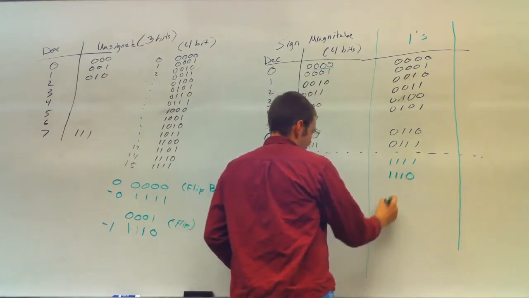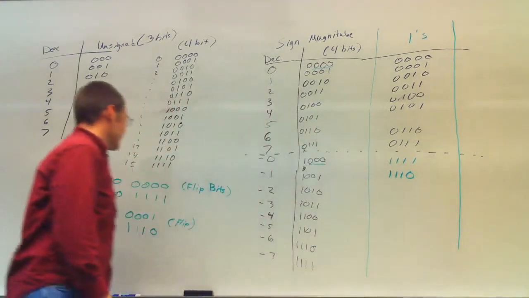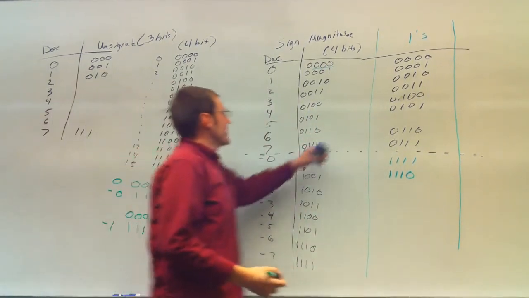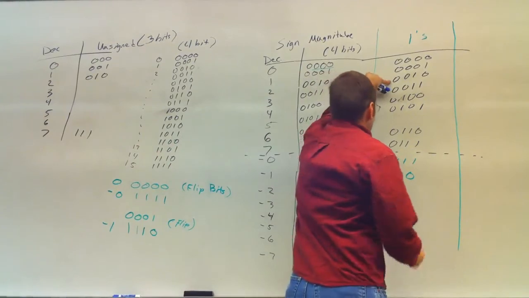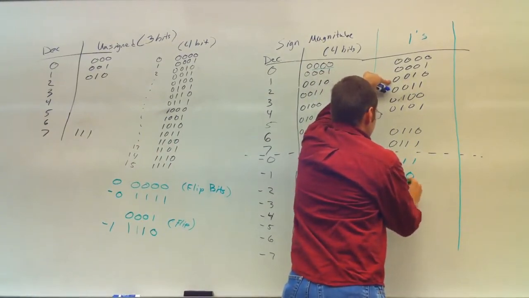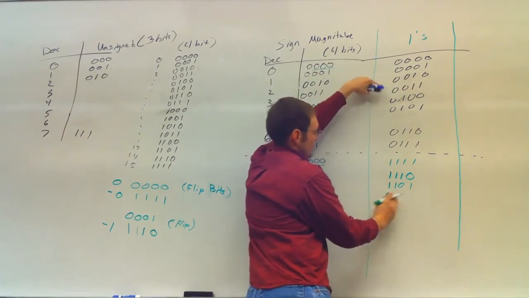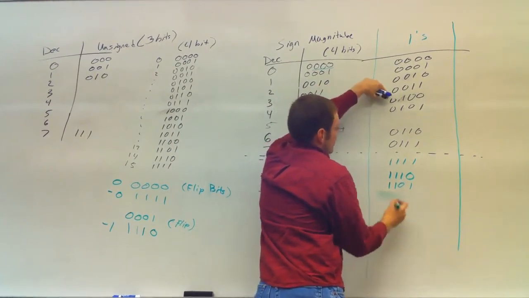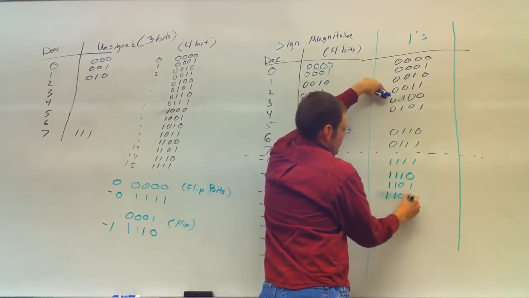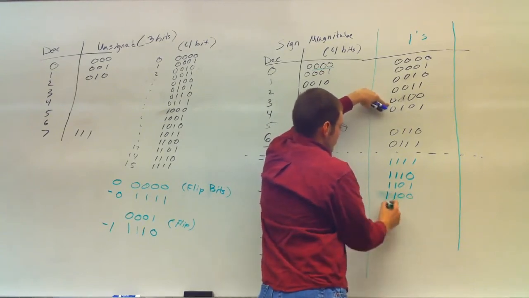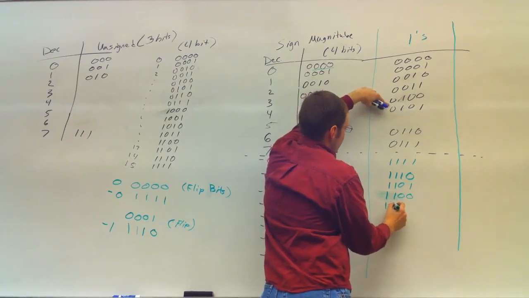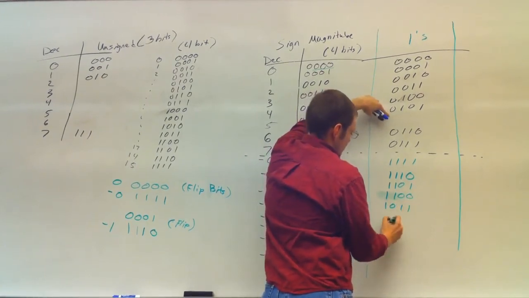And then we keep going down, take 2, want to do the same thing, and we're going to get 1, 1, 0, 1. We're going to get 0, 1, 1, 0, 0. And we're going to get 1, 0, 1, 1.